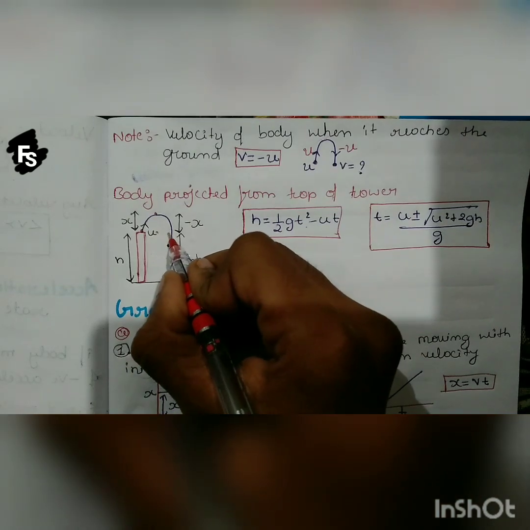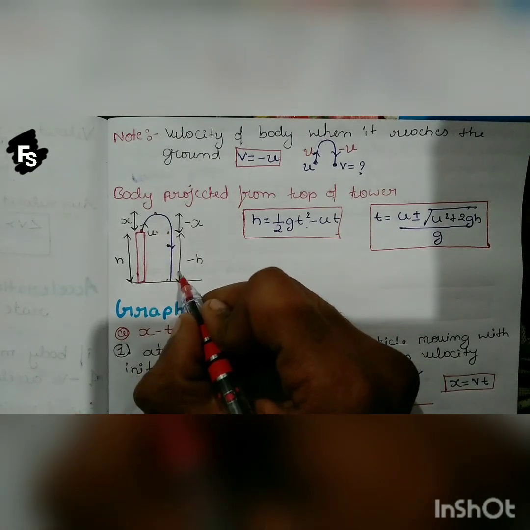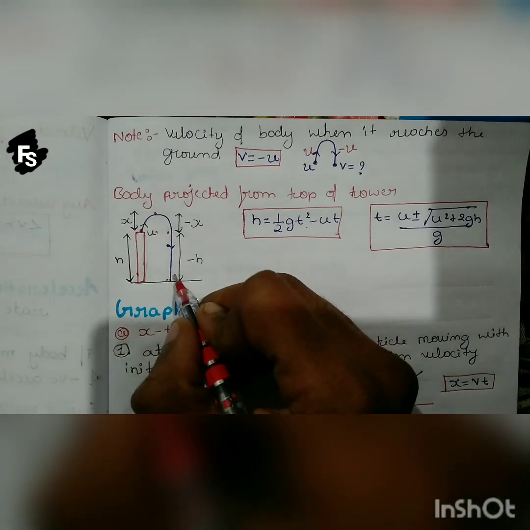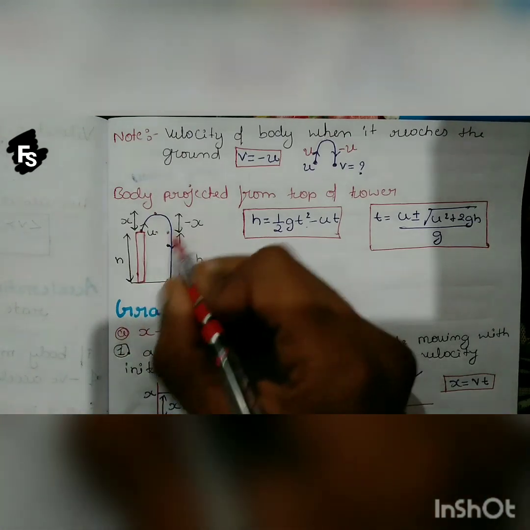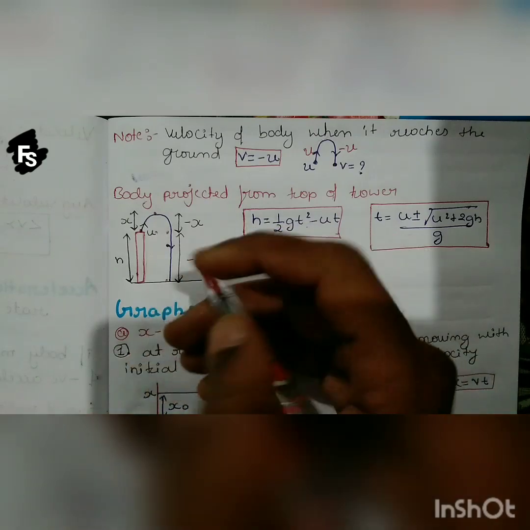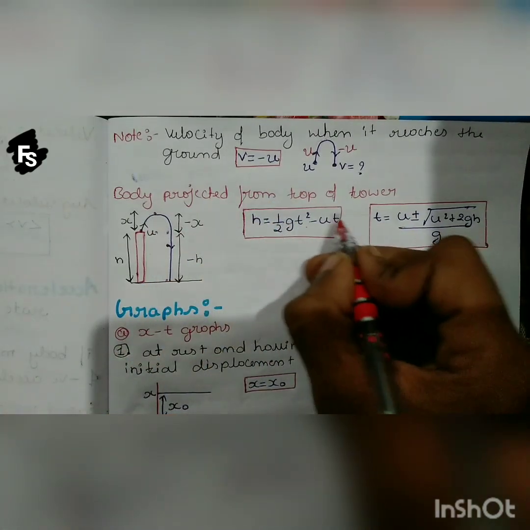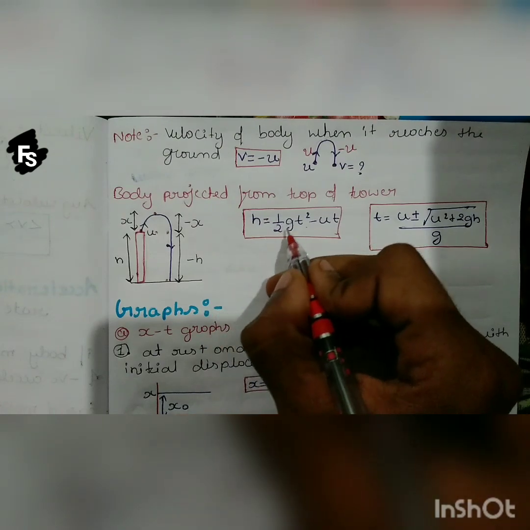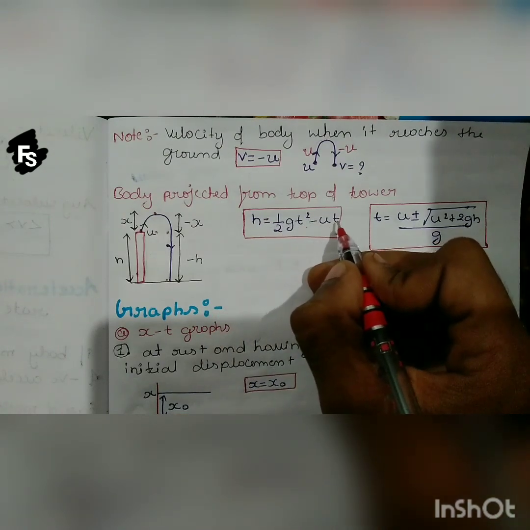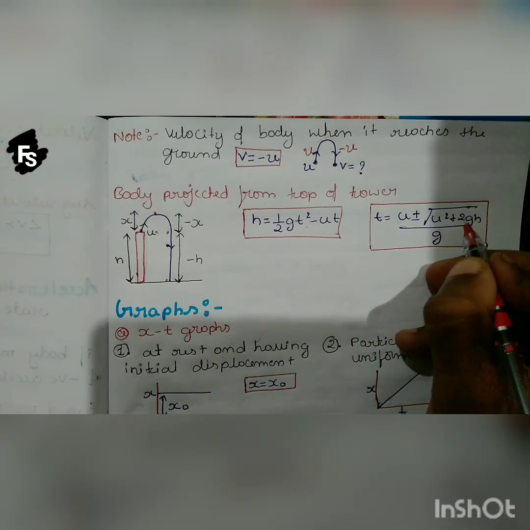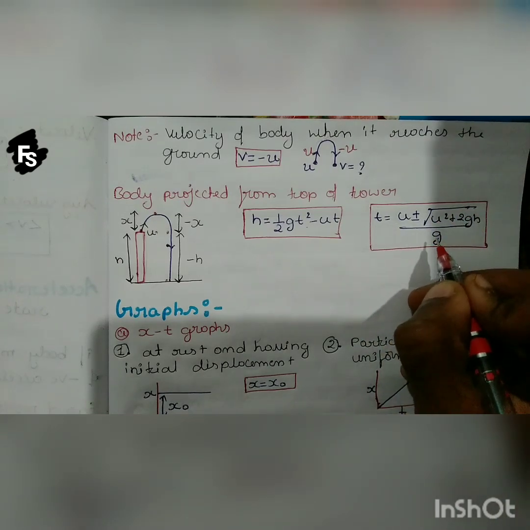And the distance from here to here is known as minus h because it is falling downwards. Applying these values to the kinematical formulas, we get h equals half g t square minus u t, and t equals u plus or minus root of u square plus 2gh, by g.